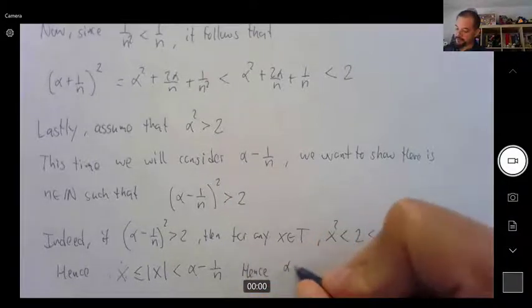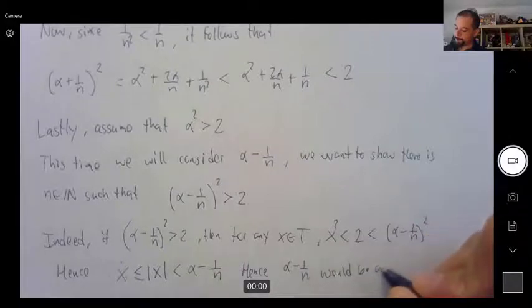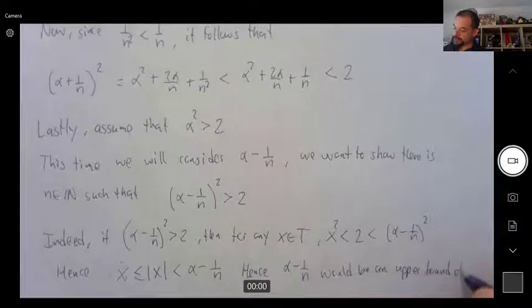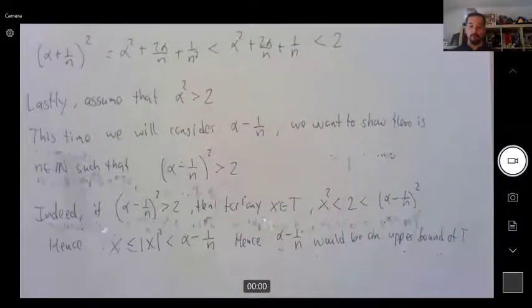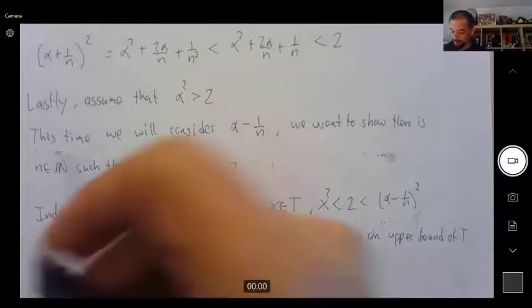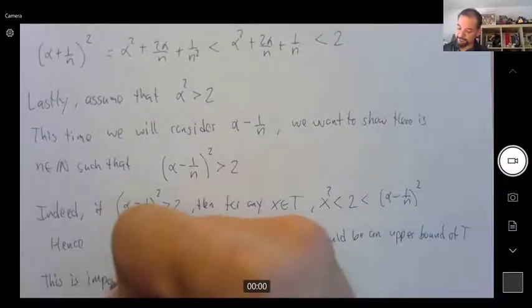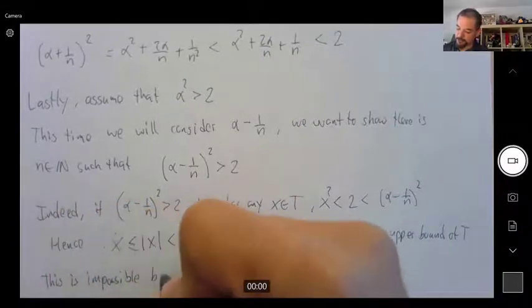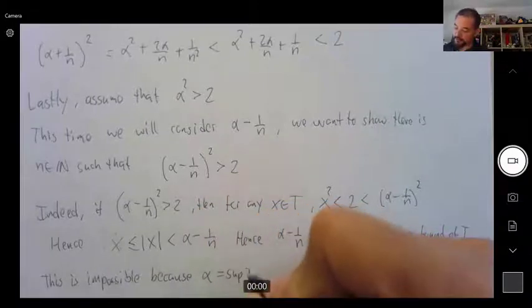Hence, alpha minus 1 over n would be an upper bound of t. But that's impossible. Why is it impossible? Because the least upper bound is alpha. This is impossible because alpha is the supremum, remember?